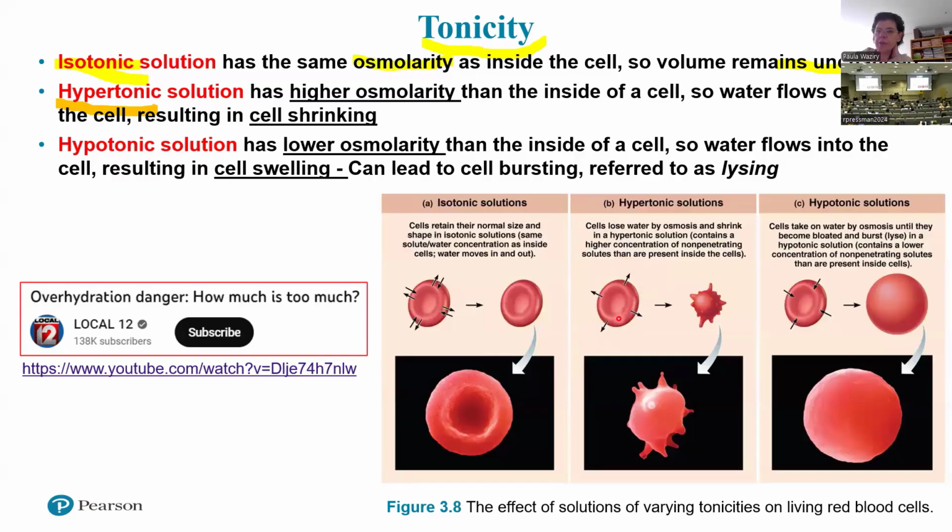So you're going to have a net osmotic movement from the inside of the cell to the outside. So your cell is going to shrink. Your cell is going to let the water out, and the cell is going to have this weird shape in case of this red blood cell over here. It's going to shrink. And then the opposite happens when you have a hypotonic solution.